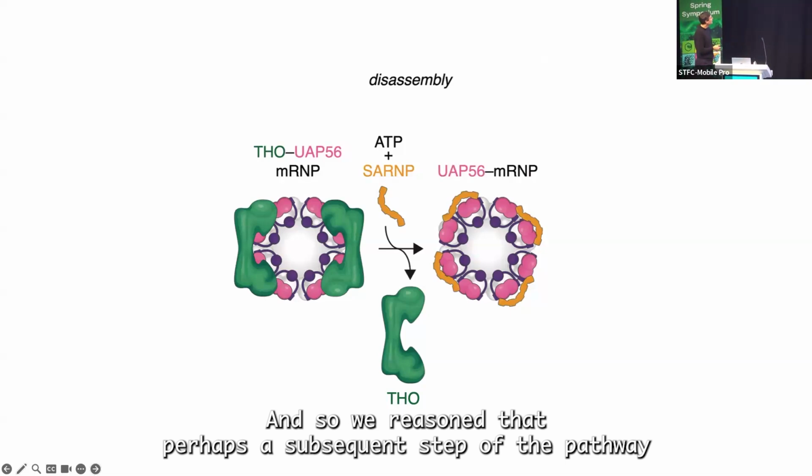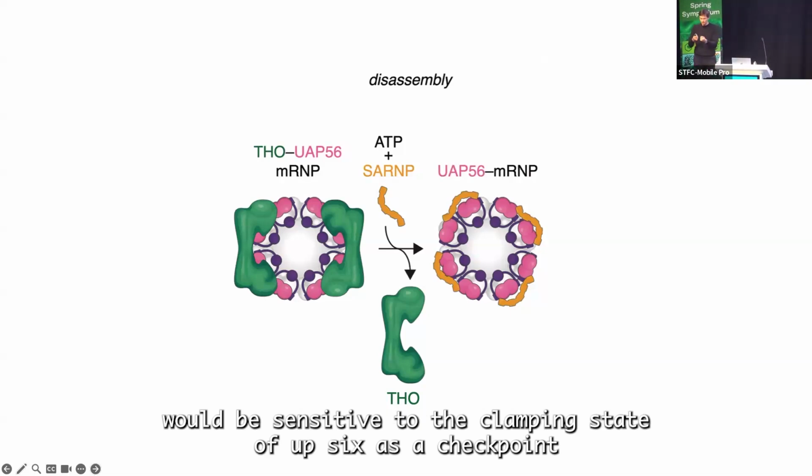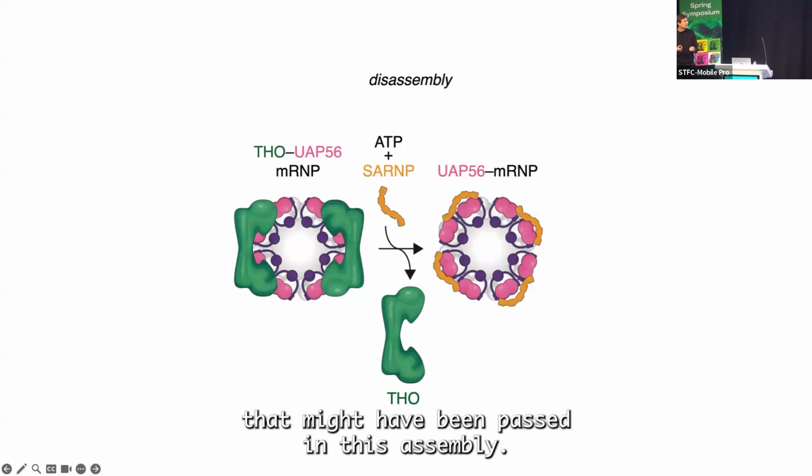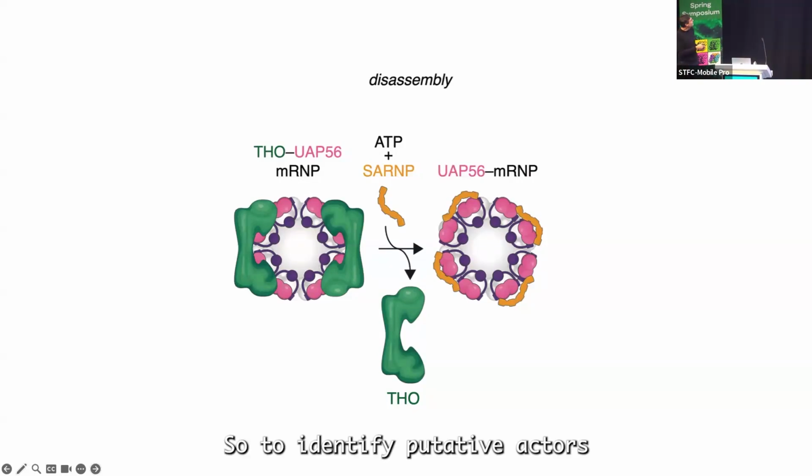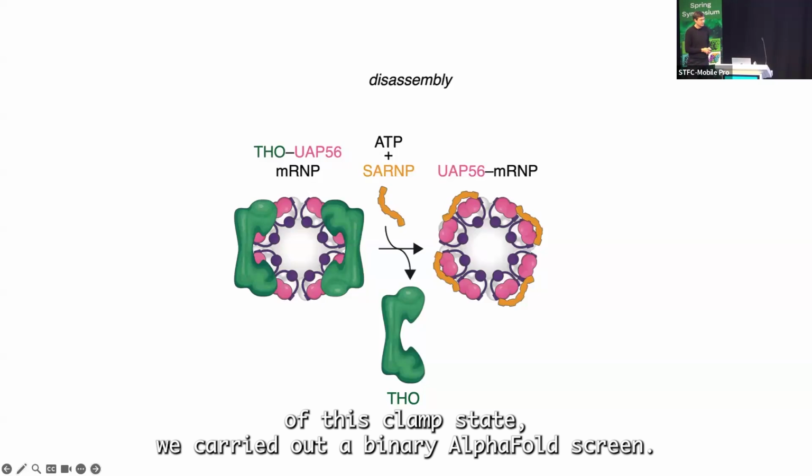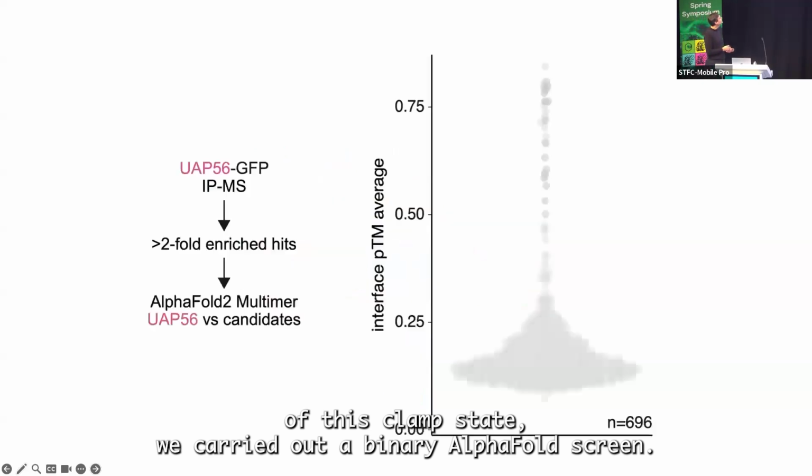We reasoned that perhaps a subsequent step of the pathway would be sensitive to the clamping state of UAP56 as a checkpoint that might have been passed in this assembly. To identify putative interactors of this clamped state, we carried out a binary AlphaFold screen.